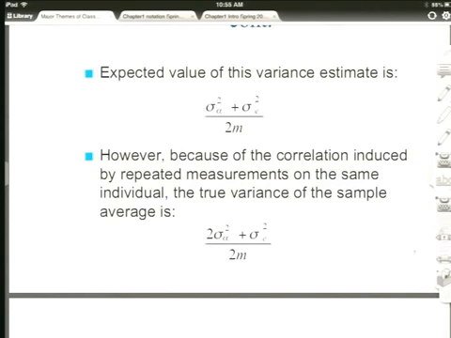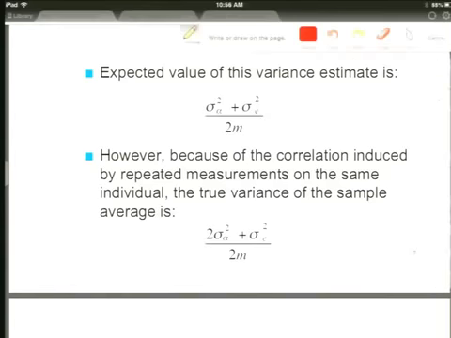So this is one of the, I should put this down here. But anyway, this is the mean of S squared over N is equal to that. And this is the variance of y bar.